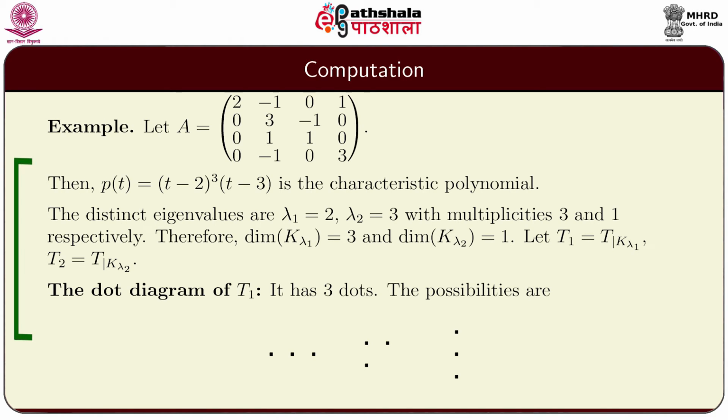And another option is that there is only 1 column and it has 3 rows. So, you can see that in the first case there are 3 cycles and the cycles are of length 1. In the second case there are 2 cycles, the first cycle is of length 2 and the second cycle is of length 1, and in the third case there is only 1 cycle whose length is 3.